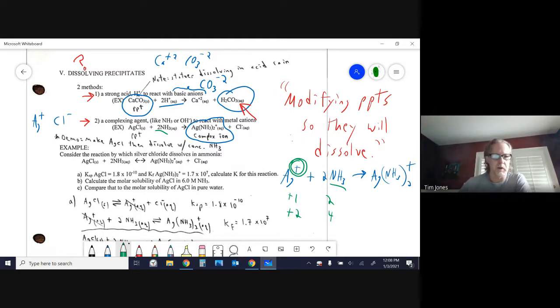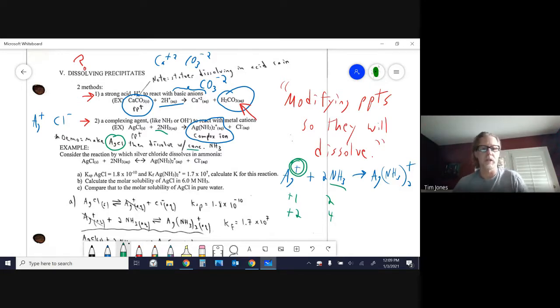So I mentioned a demo. I'll see if I can find somebody doing a video of this. But in a prior lesson, I typically show everybody a precipitate of silver chloride. And then what I can do on this day is I can make that same precipitate, and then I'll add a bunch of ammonia, and I usually use really concentrated so it's effective.